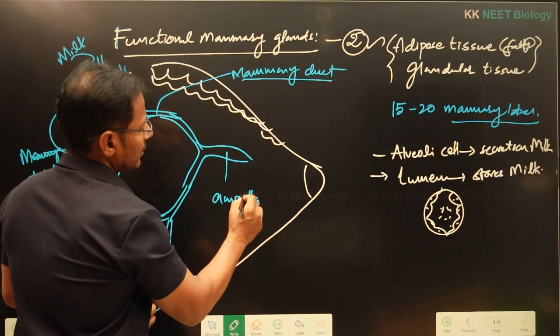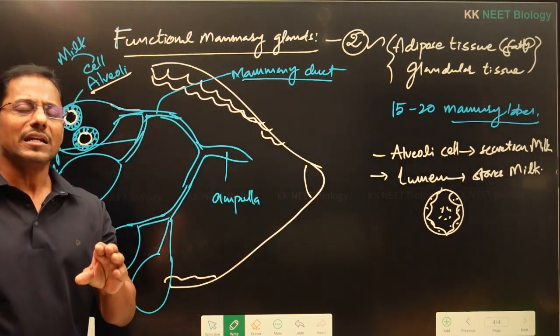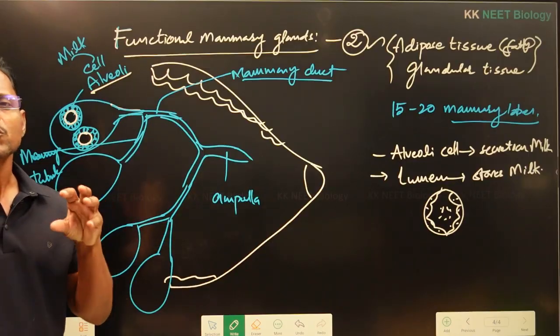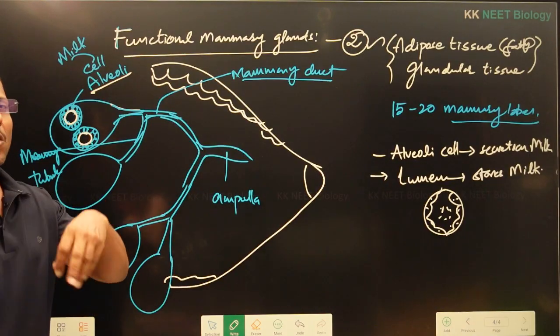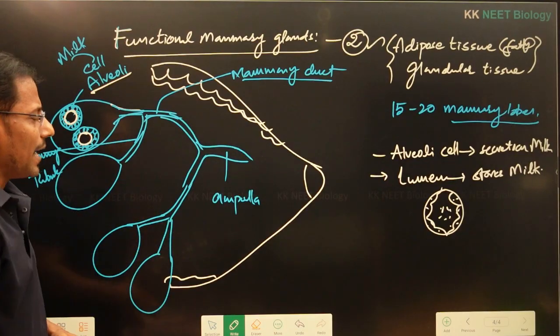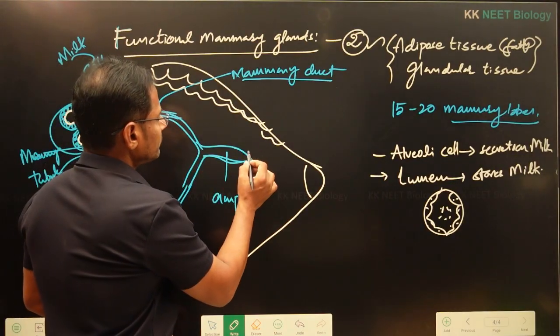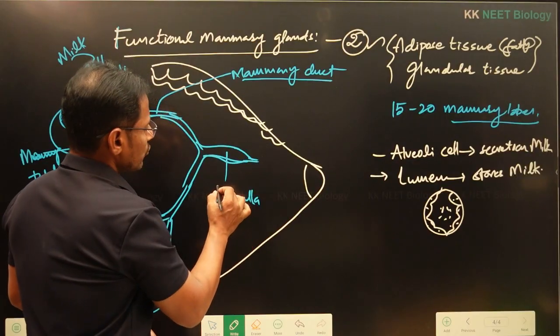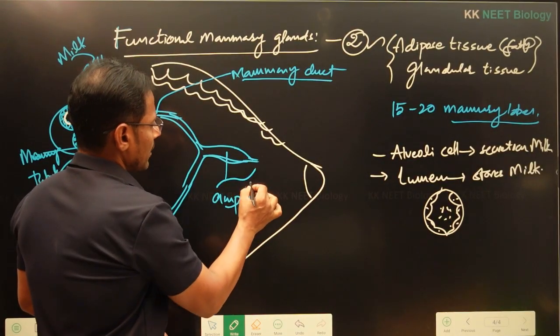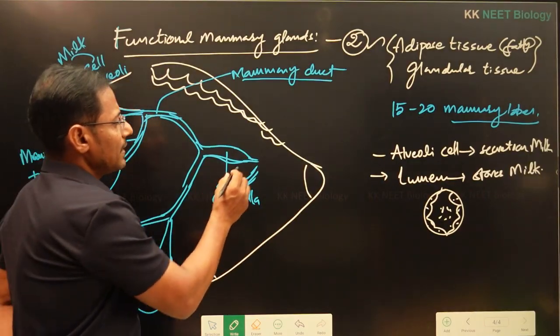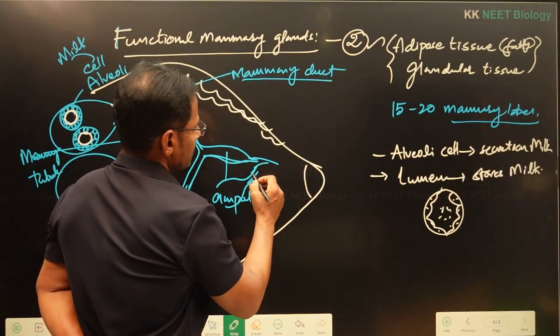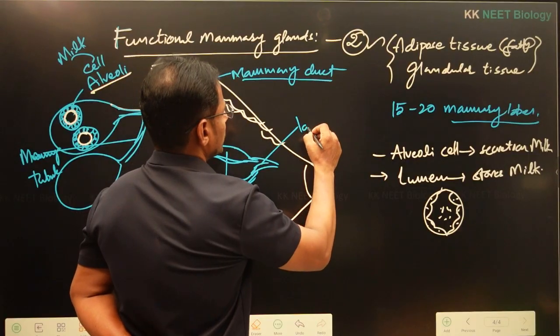Ampulla means the wider part of a tubule, wherever it comes. The wider part of a tube is known as an ampulla, right? So here one ampulla and here one ampulla. These ampullae join together to form the lactation duct.